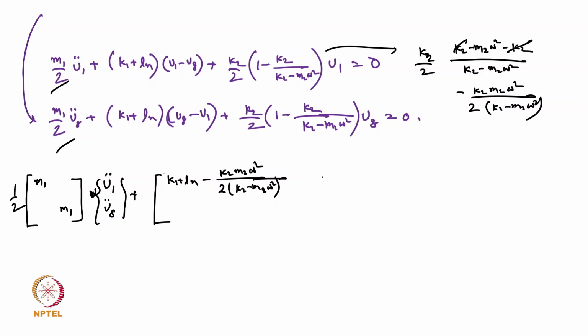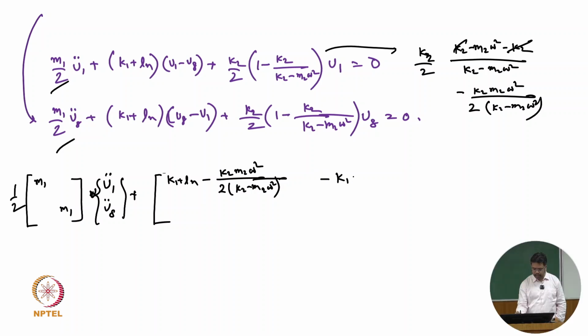Now how much will be coming here? Here you will have minus (k1 plus ln). Here you will have minus (k1 plus ln).